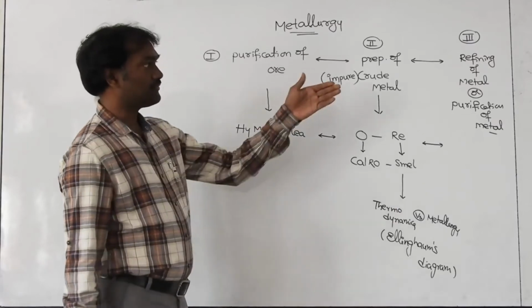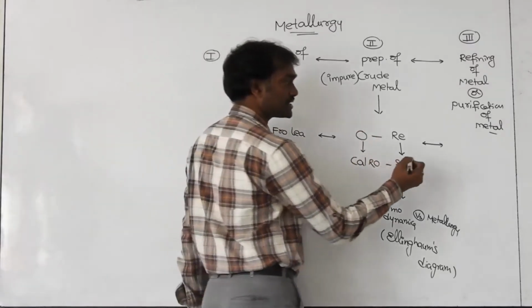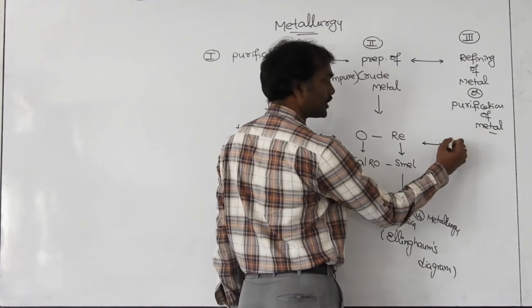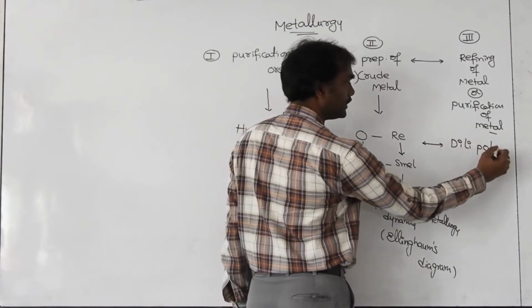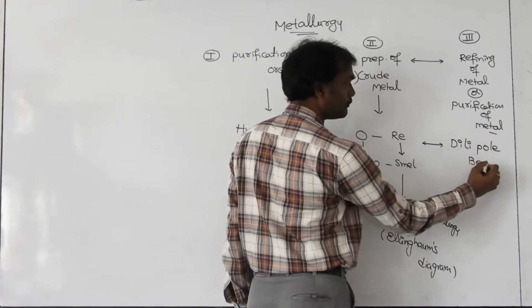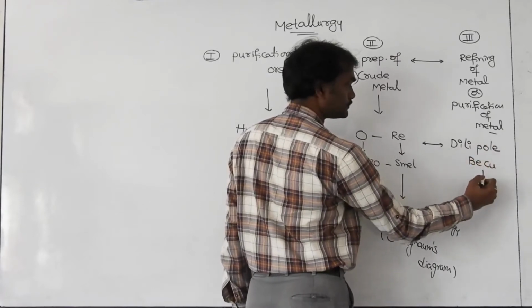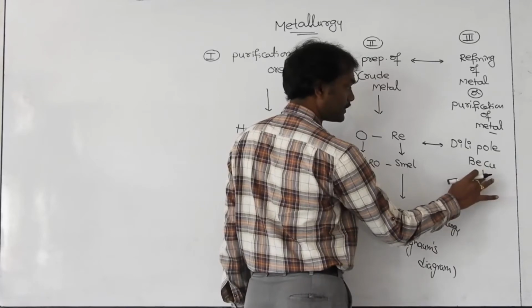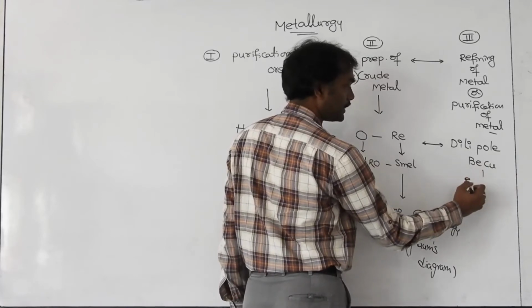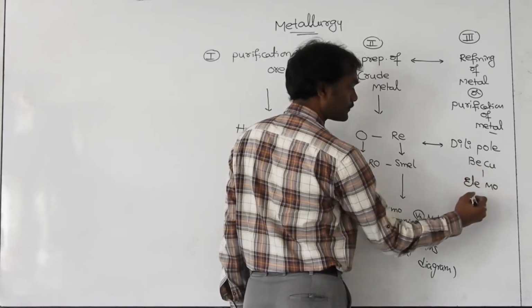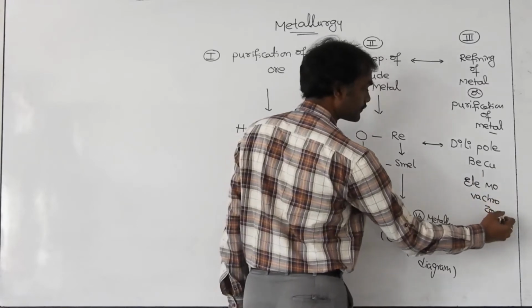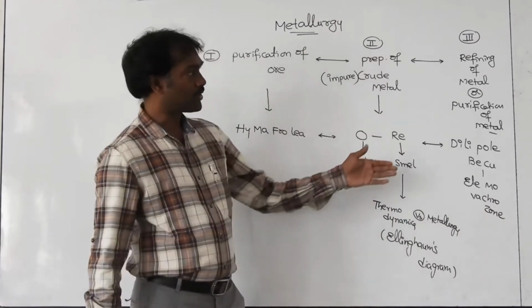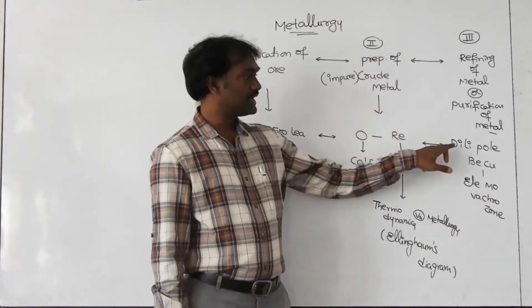Next, in the refining of metal or purification of metal, the shortcut is Delhi, Polveku and Yelemo, Bacrozone. What are the processes in the purification?